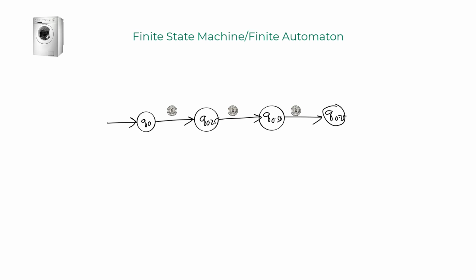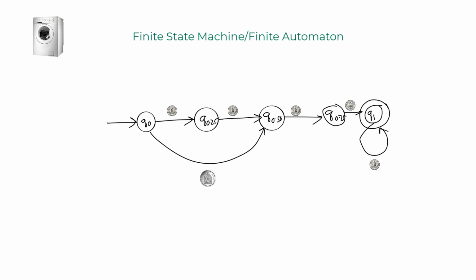Let me draw all the states that lead to a successful wash of my laundry. After receiving 4 quarters, the machine finally reaches the accept state. From then on, if you add more quarters to it, it's just going to stay in the accept state and wait for you to start the button.